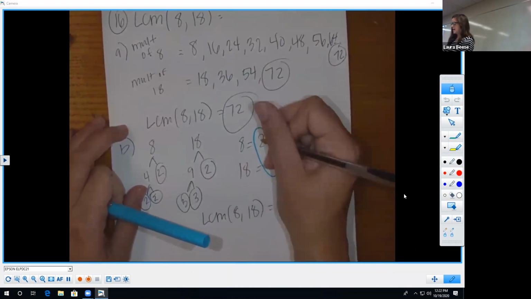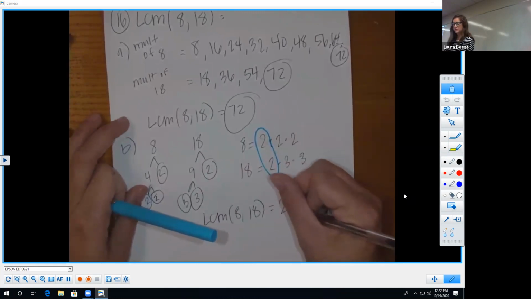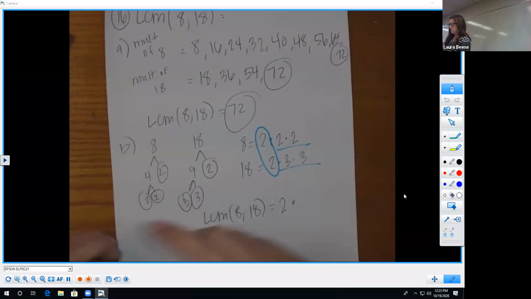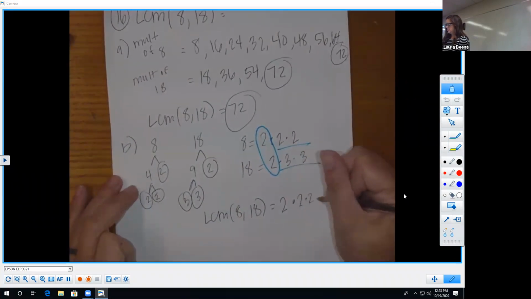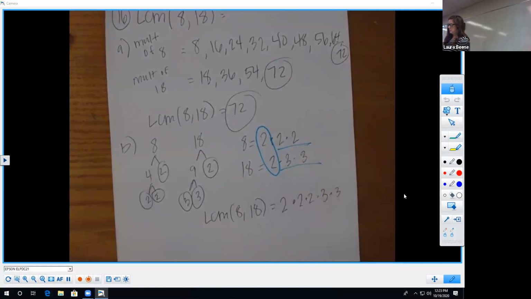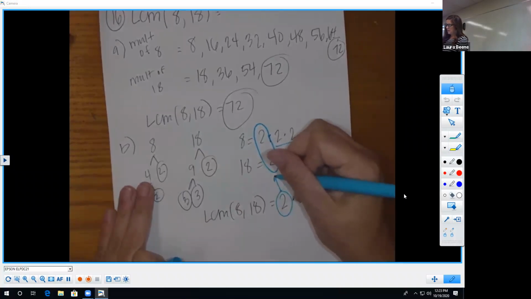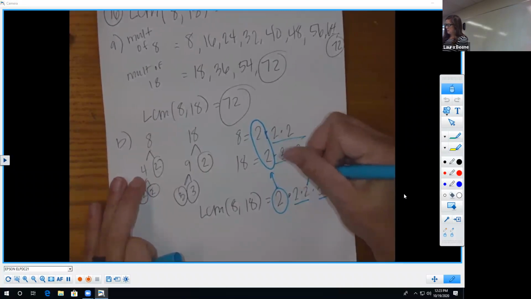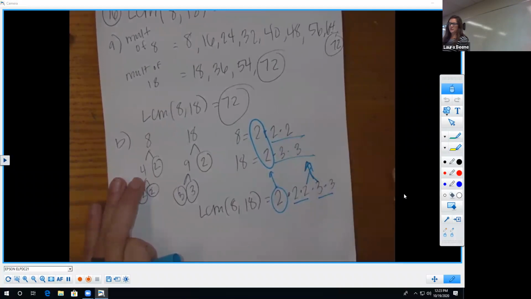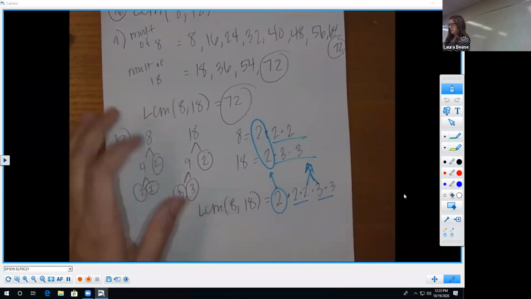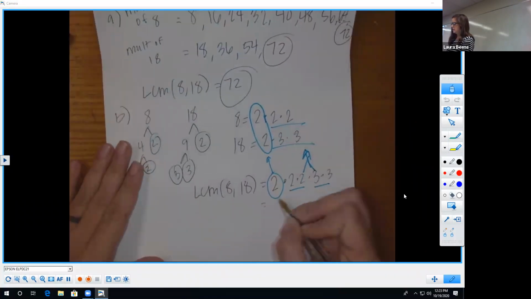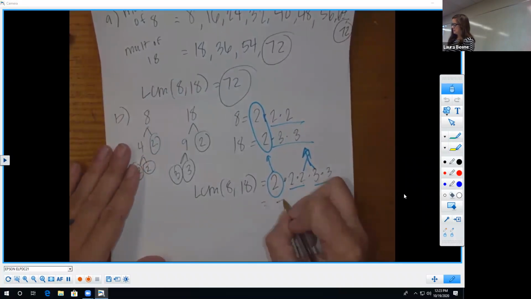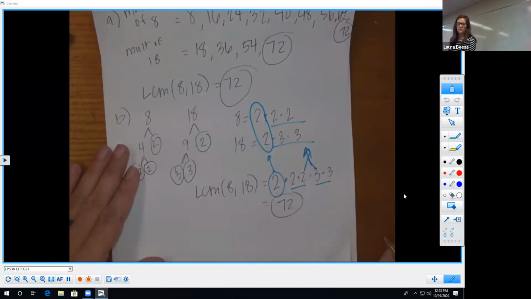You write that number down one time, times everything that's left over. So 2 times 2 and 3 times 3. This 2 came from that pair right there, and these came from those two right there. Multiply all that together: 2 times 2 times 2 is 8, 3 times 3 is 9, and 8 times 9 is 72.